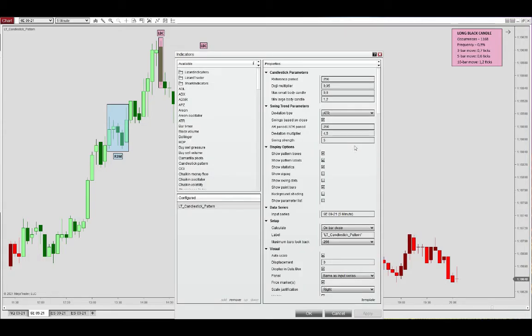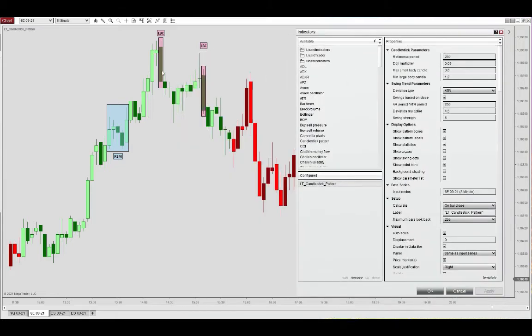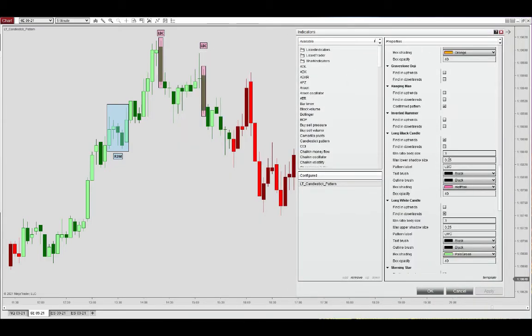requirements. We see two long black candles plotting in an uptrend defined as a reversal pattern. And you see the max body size is set to 3 times the average. The max lower shadow size is 0.25, a factor of the body size itself.